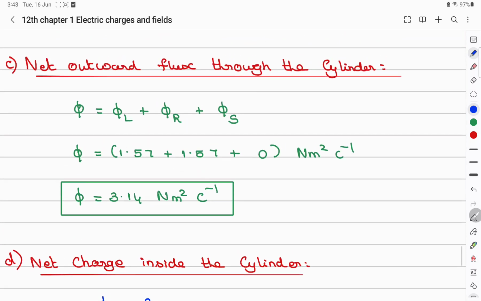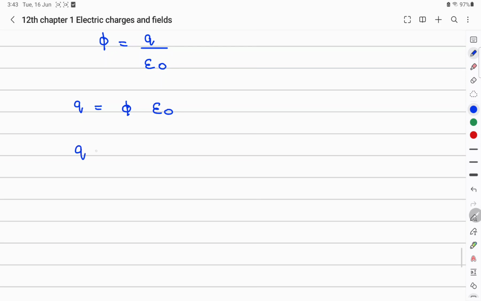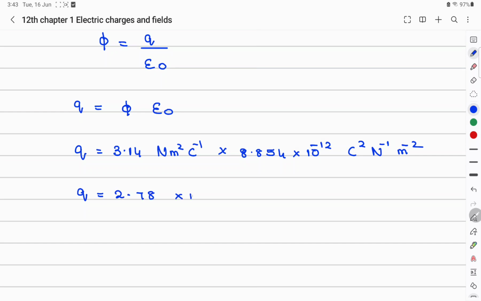We found that the net outward flux through the cylinder is 3.14 Newton meter square coulomb inverse. Substitute this value, 3.14, and the epsilon naught value is 8.854 into 10 to the power of minus 12 coulomb square Newton power minus 1 meter power minus 2. After calculating, we get Q equal to 2.78 into 10 to the power of minus 11 coulomb.